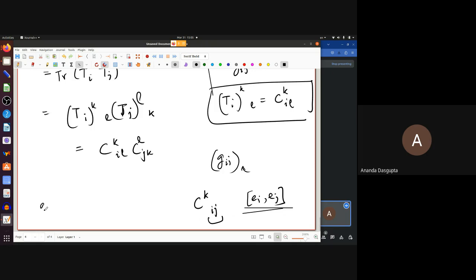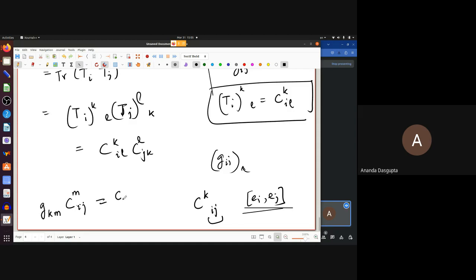However, if you use this g, not the metric, but this bilinear form, to lower this k, so define it like this. Or actually, you could write g_mk, but that doesn't matter because g_km and g_mk are the same.